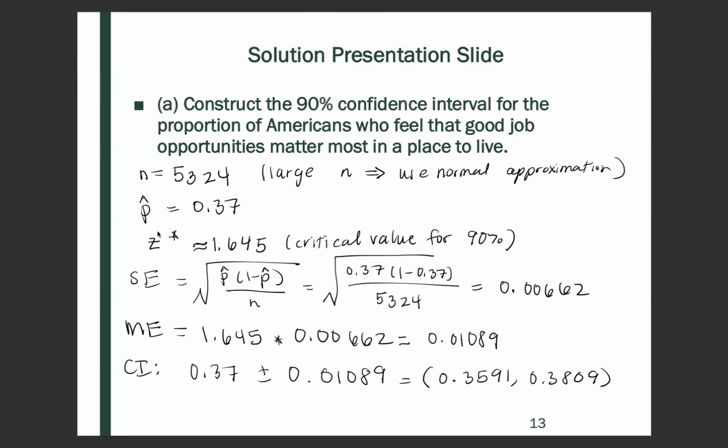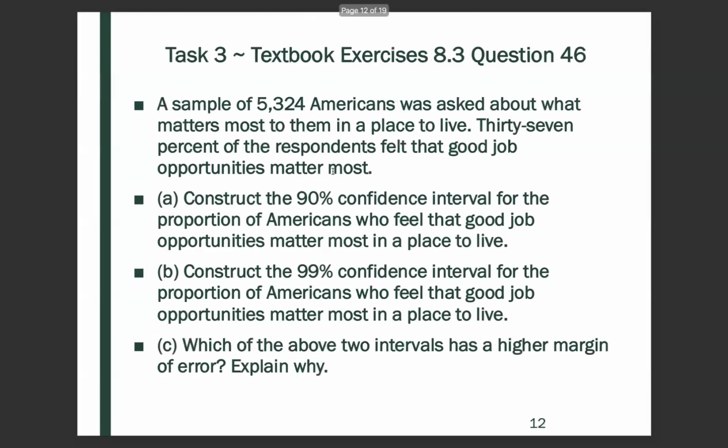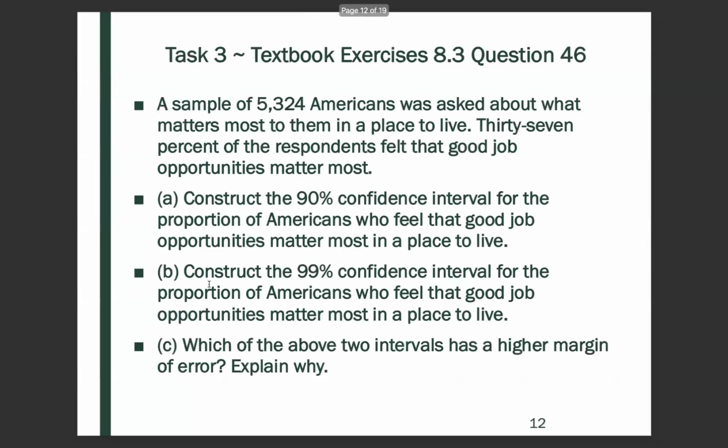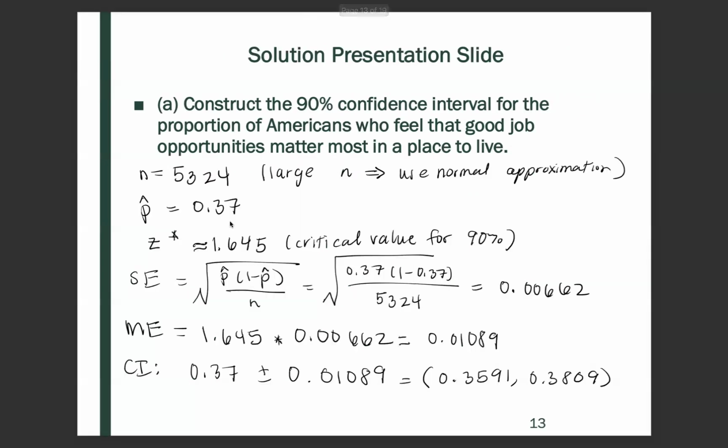And then we're also given our p hat in the question. So our p hat is 0.37 because we were given that 37% of respondents felt that good job opportunities matter most. So that's our p hat. 37% equals 0.37.